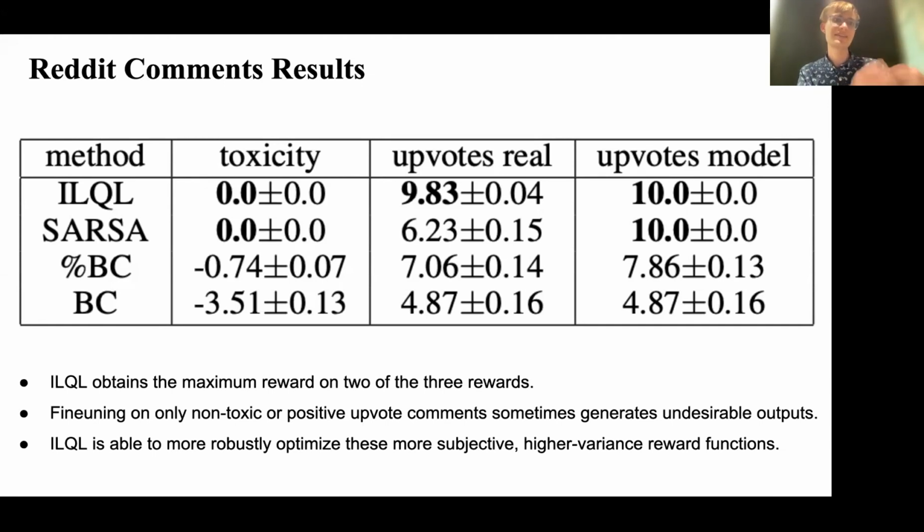Whereas ILQL, because its Q function is representing an expected value, can see that there's a 50% chance of this comment being labeled as toxic, and it can do a safer thing than that. We want to maximize our expected reward. So that's an advantage of offline RL over just filtering the data and fine tuning on it. It's more robustly able to optimize these subjective rewards.